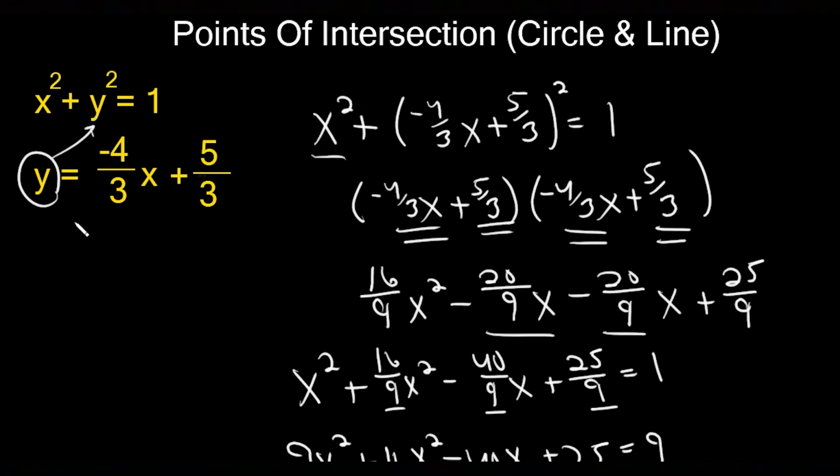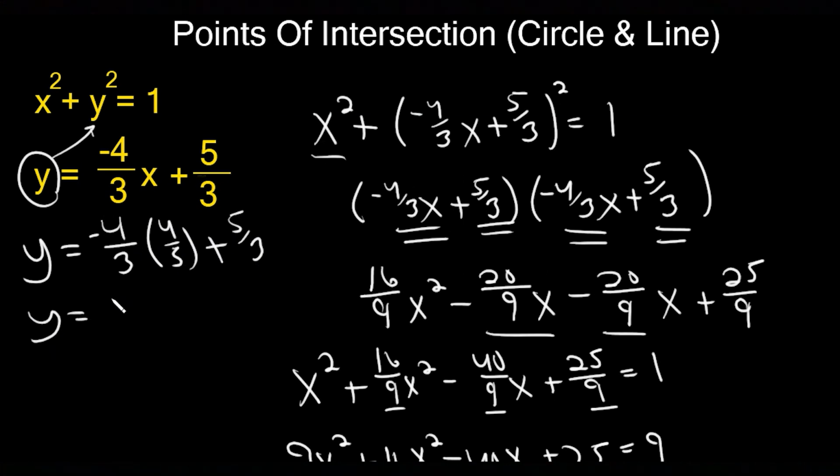So I'm going to say here, y is equal to -4/3 times x. We know that x was 4/5. That's what we got. So -4/3 times 4/5, plus 5/3. Okay, so when I do this out, what do I get? I get y is equal to -16 all over 15, plus 5/3. So I can combine these fractions, right?